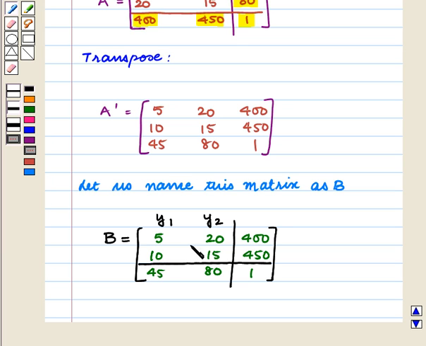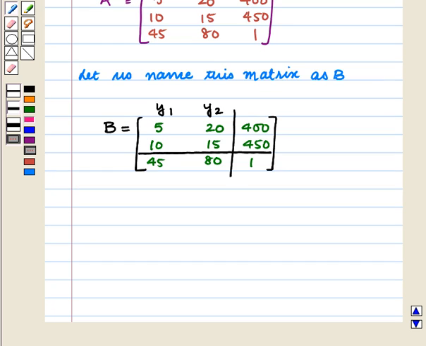Let us name the new variables as y1 and y2. Now, last column are the new constants of the constraints and we will write the constraints in less than or equal to symbol.